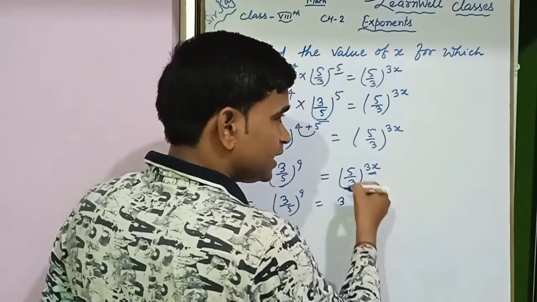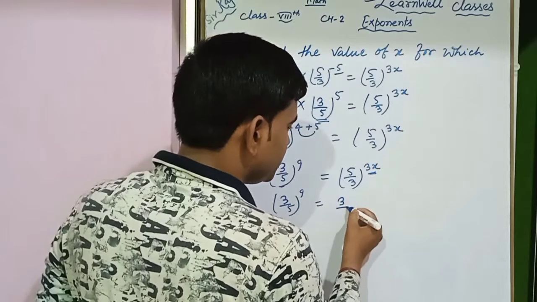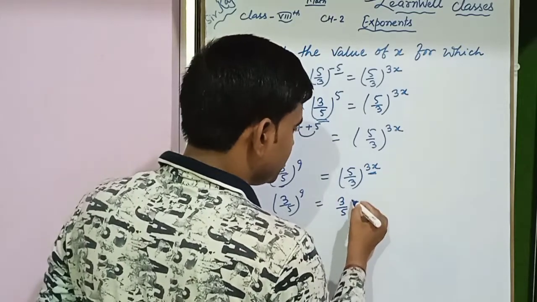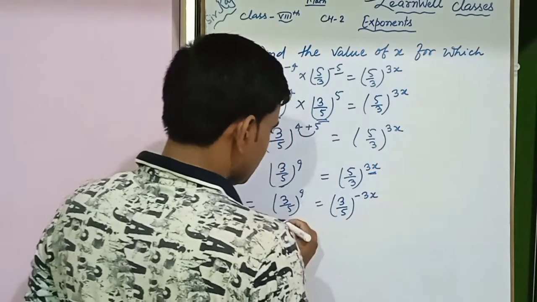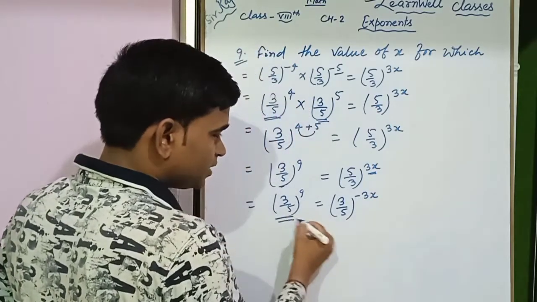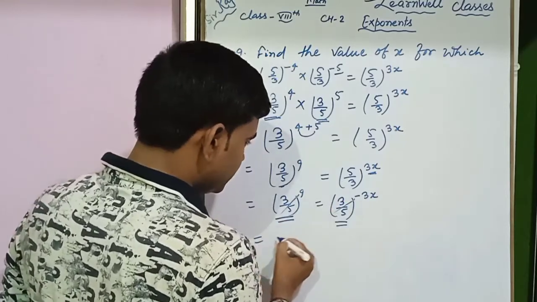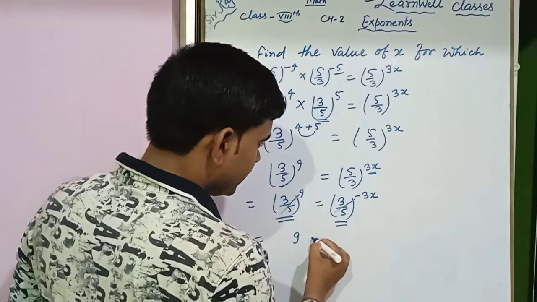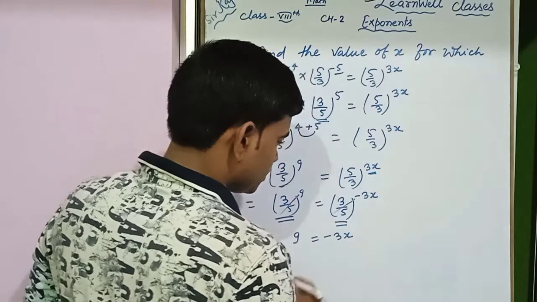When the exponent is in minus form, it will be changed into reciprocal form. So we get 3 upon 5 raised to the power minus 3x. When the base is equal, it will cancel, and we have 9 and minus 3x.